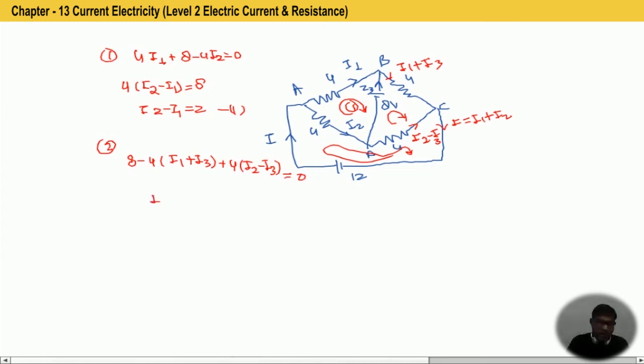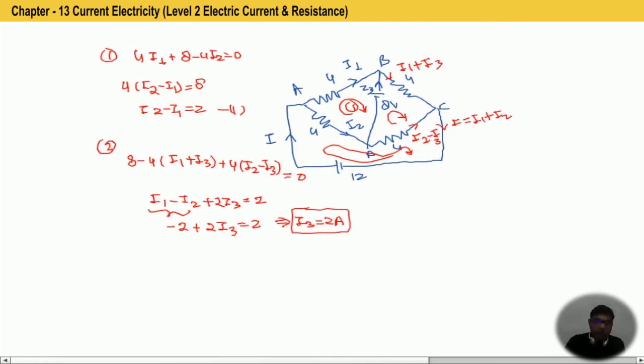From here we get I1 minus I2 plus 2I3 equals 2. From equation number 1, I2 minus I1 is 2, so we can replace I1 minus I2 by minus 2. So minus 2 plus 2I3 equals 2. From here we get current I3 equals 2 ampere.